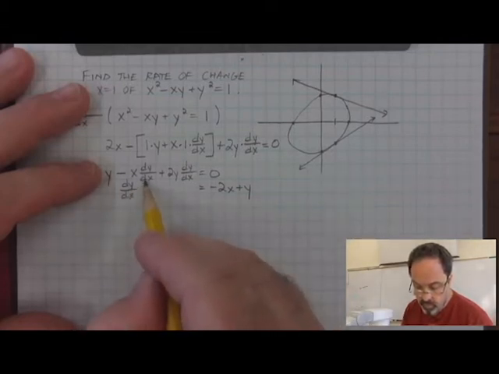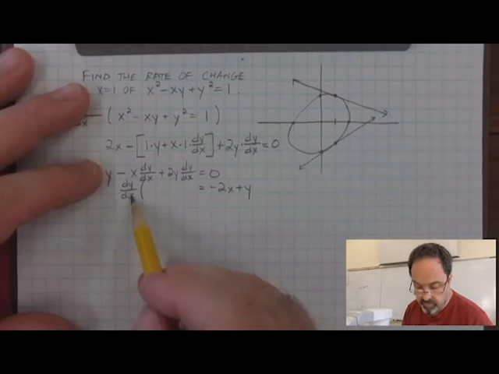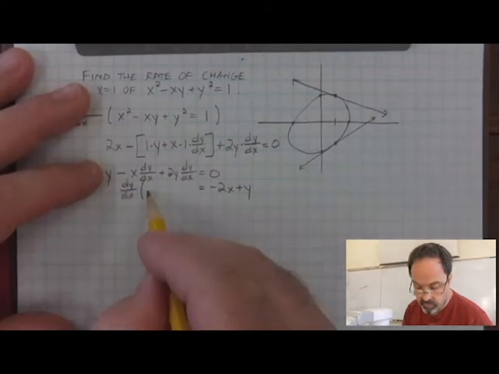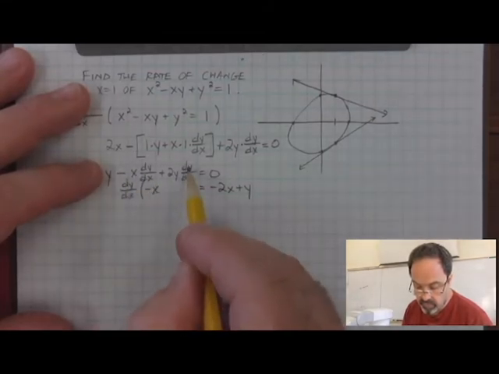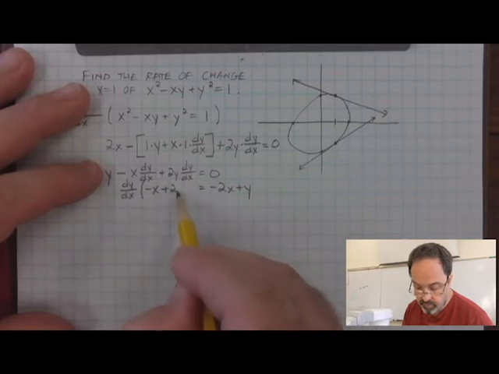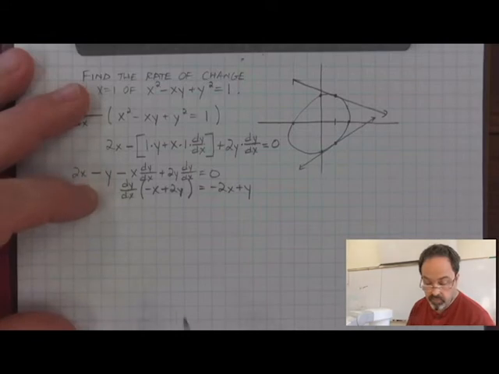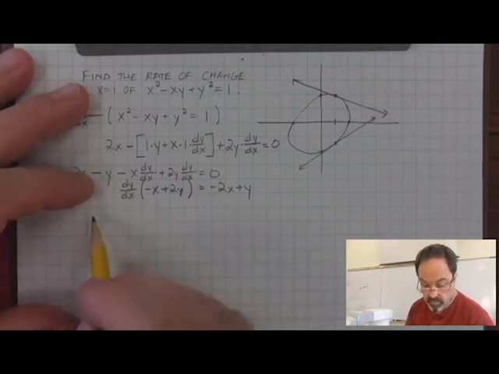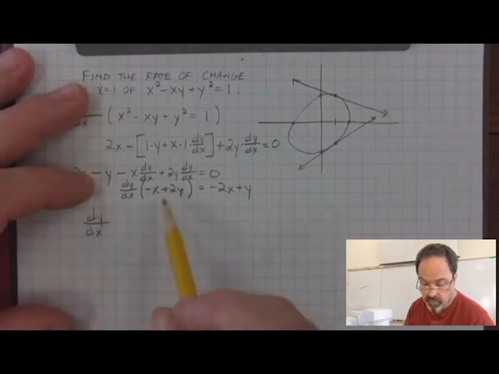So what I get when I factored out the dy over dx, in this term, it will leave a negative x, and in this term here, it'll leave a positive 2y. Now I've got dy over dx in one place. I can solve for it by dividing both sides by negative x plus 2y.